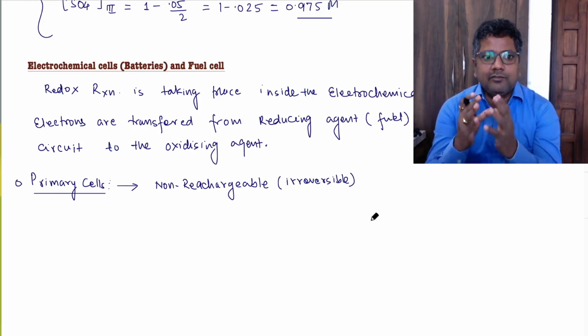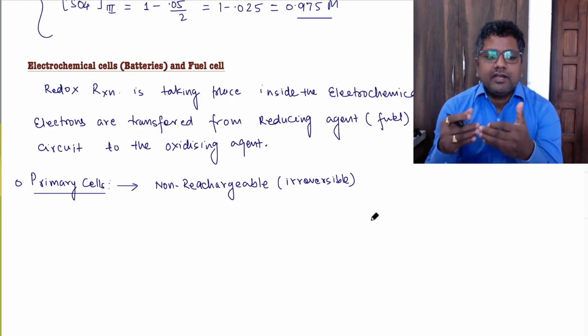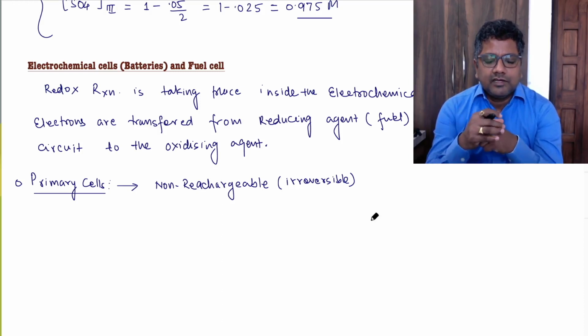Once the total chemical energy stored in this cell is converted into electrical energy, no further chemical energy can be converted into electrical energy.